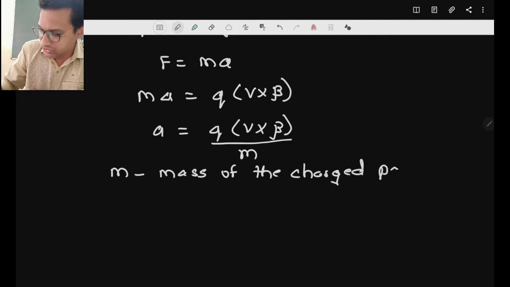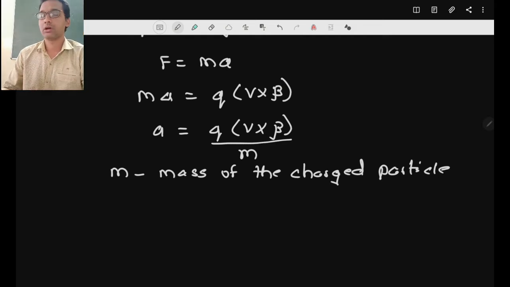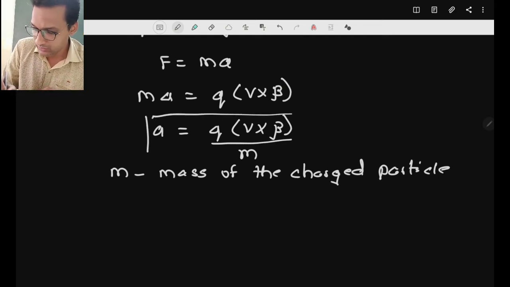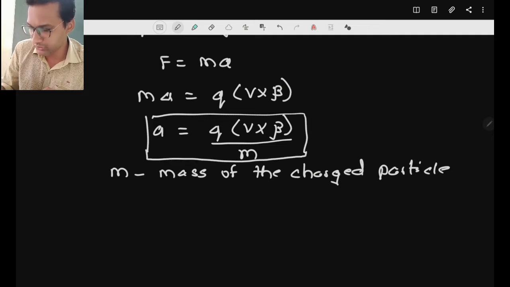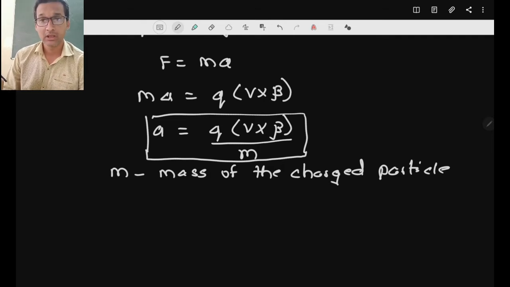Now, from the above acceleration equation, let us draw a box around it, because this equation is important, and we are going to use the same method that we used for electric field.